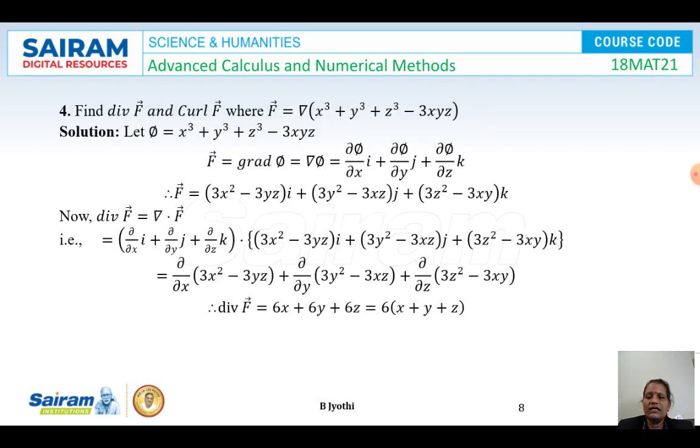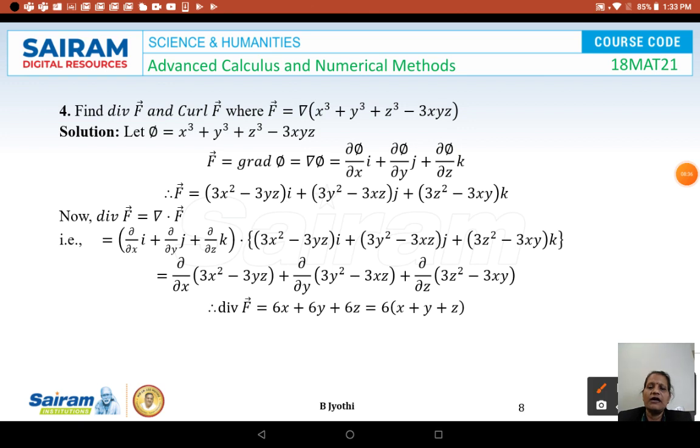Next problem: find div f and curl f, where f is given as grad of (x cube plus y cube plus z cube minus 3xyz). So let us consider phi is equal to this, and they have given f is nothing but grad phi, where the grad phi formula is del phi equal to dou phi by dou x i plus dou phi by dou y j plus dou phi by dou z k.